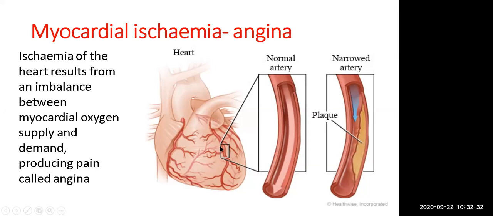For example, if this part of the heart has no blood supply, there is no oxygen, so what will happen? Yes, we will see pain in these parts of the heart. That's why I'm saying, before learning the disorders, you have to know the normal supply: what the LCA supplies, and what parts the RCA supplies.